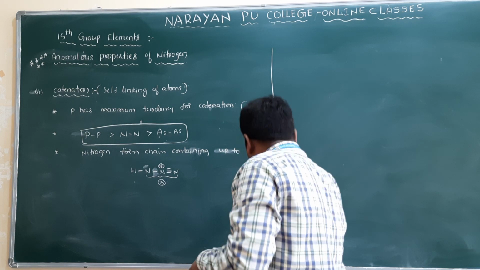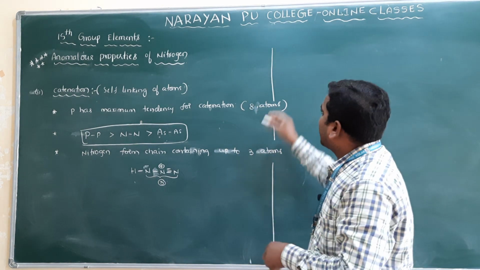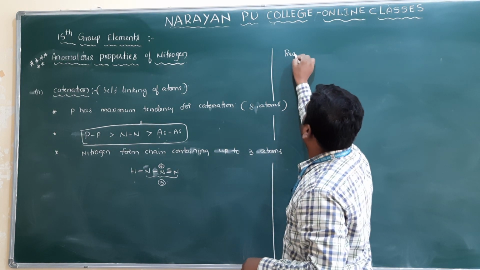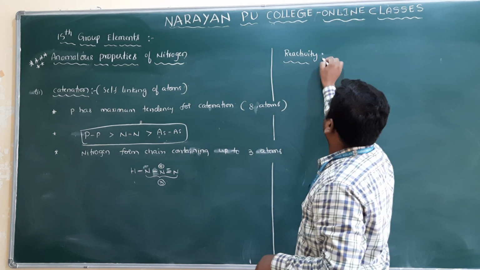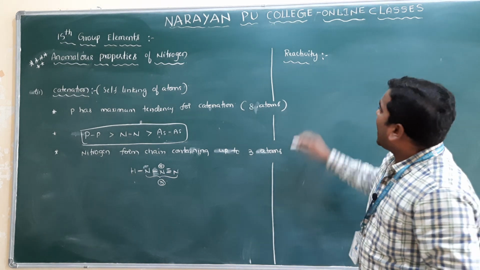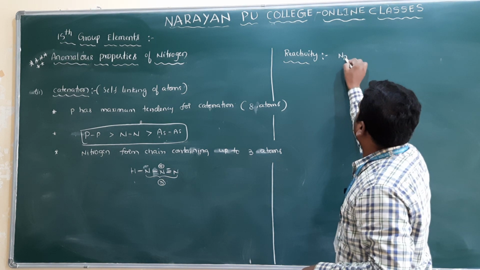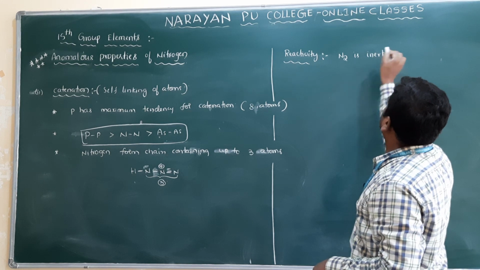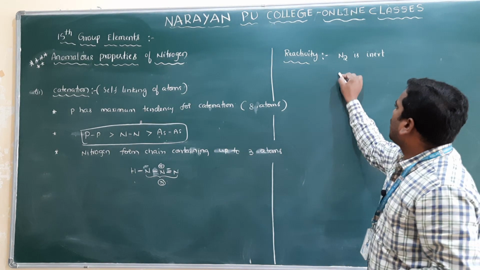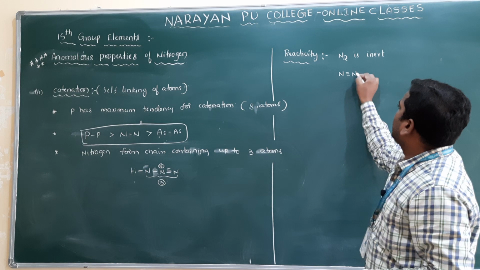So third one, clear? If you go for the third one, that is reactivity. The third property is reactivity, clear? So reactivity, if you see, you know that nitrogen is inert, it is almost inert. Why? Because which bond will be there between the nitrogens? Triple bond.